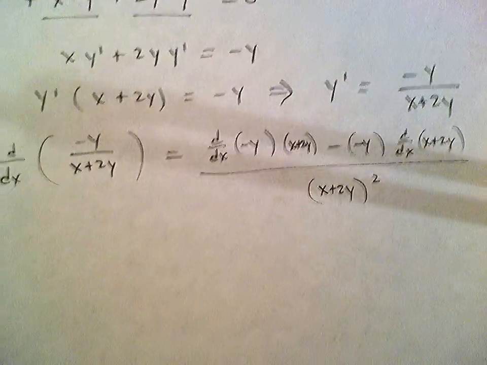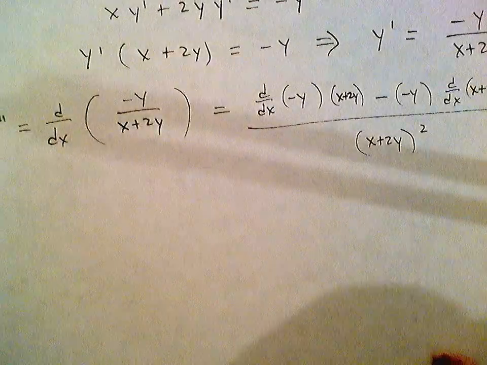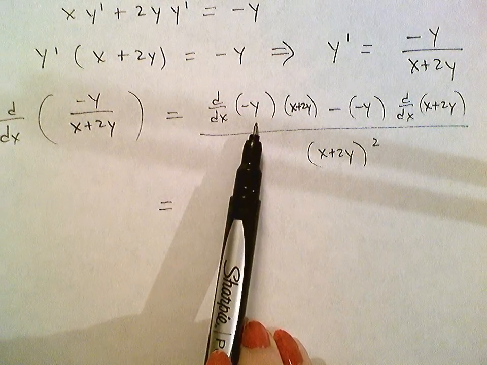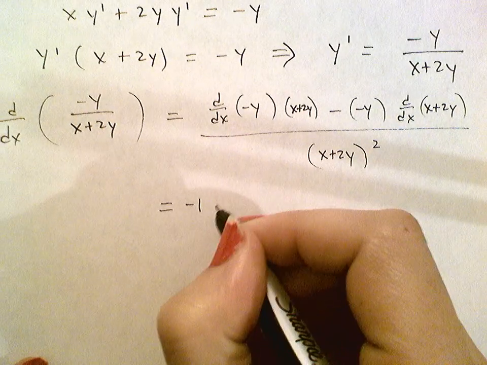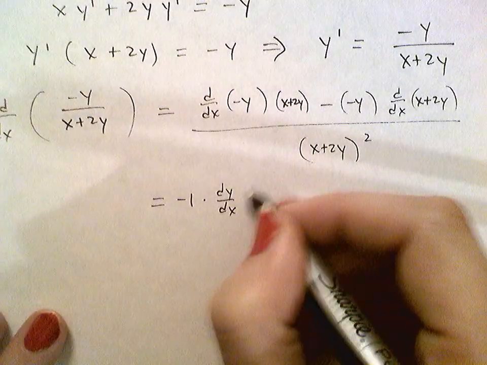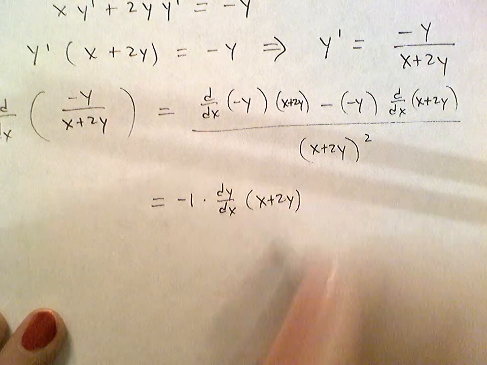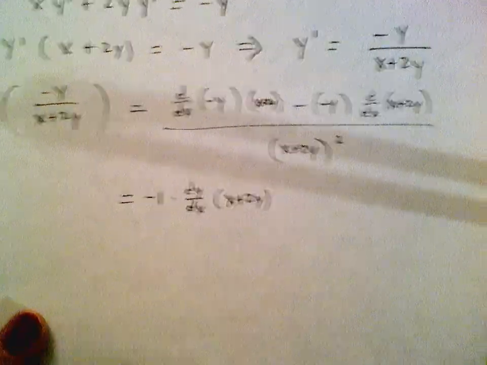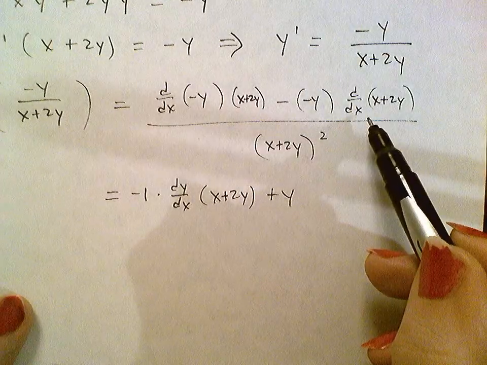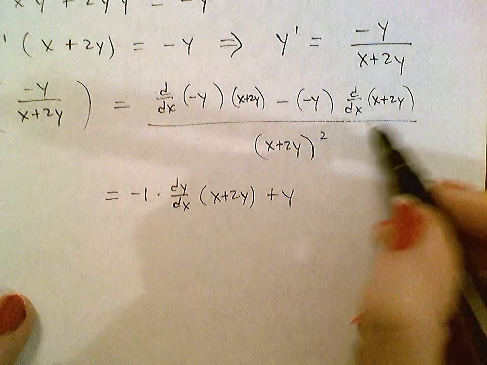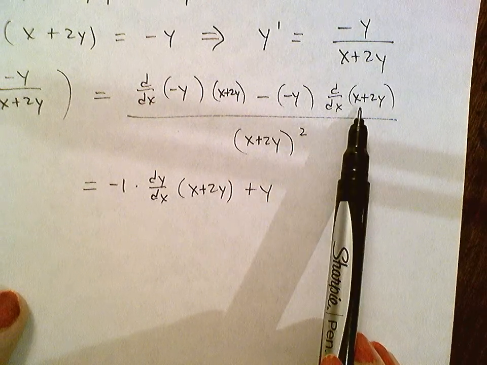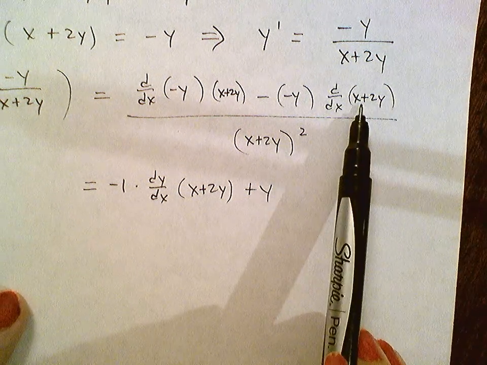Okay, so let me do it right below. The derivative of y, as an outside function, is just negative 1 times the inside function derivative, and then I just bring down x plus 2y. All right, and then I'll do a plus y here. I've got to take the derivative of both parts here.